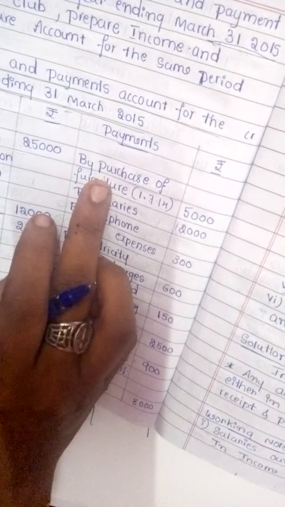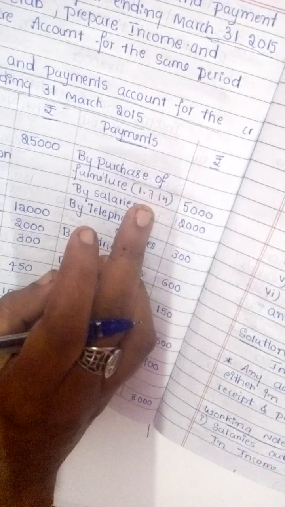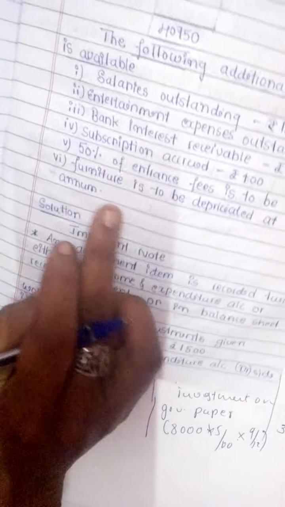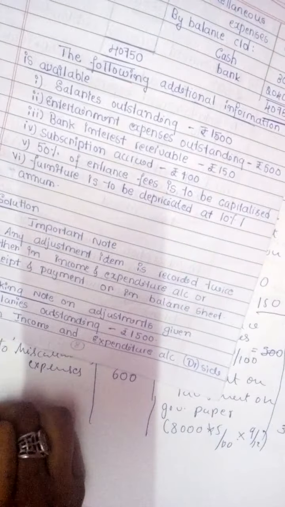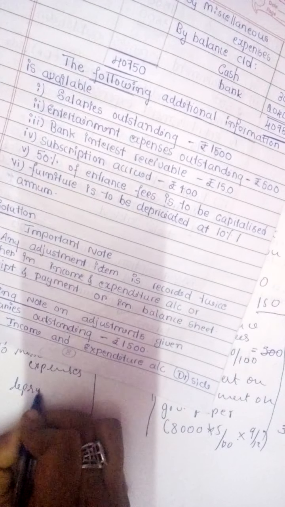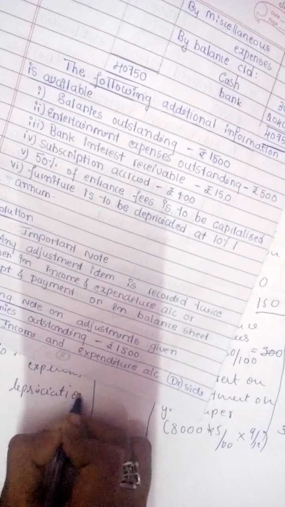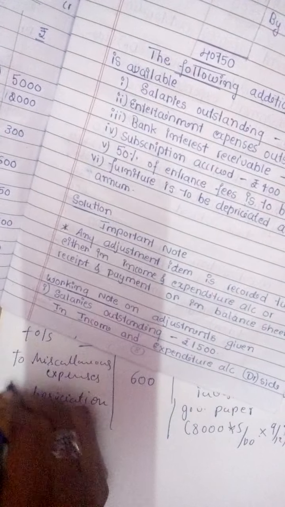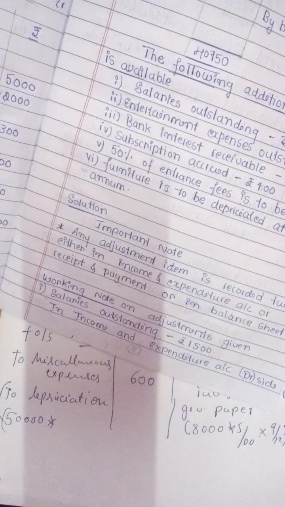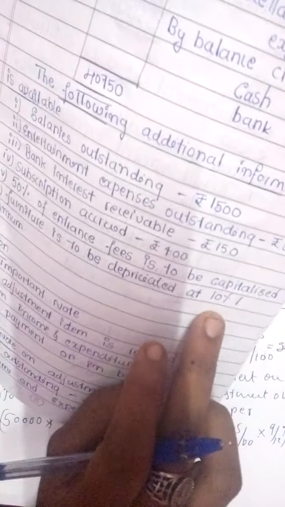Then we need to charge the depreciation. So see, on which date was it purchased? On 1/7/14. So how much needs to be charged? 10%. So write down to depreciation on furniture, the value of furniture is 5000, depreciation percentage is 10%.